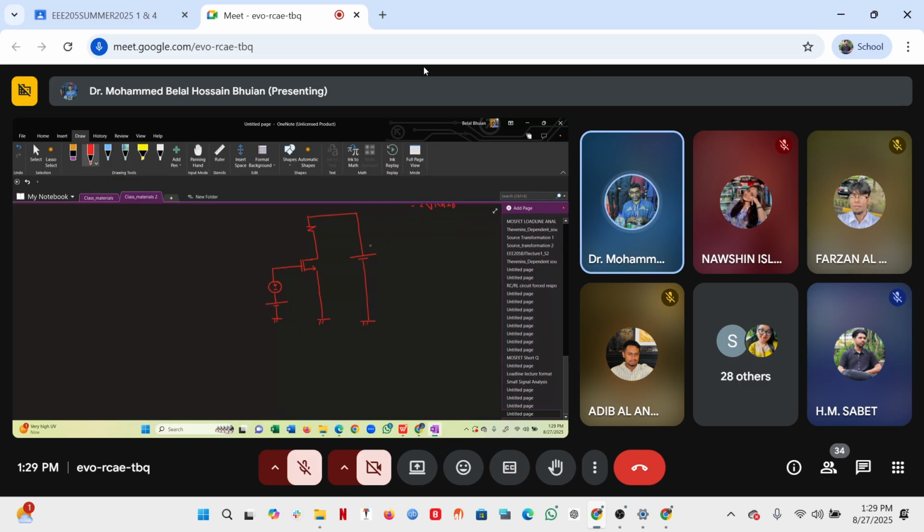So that is our vGS, RD, and vo. If you want to analyze the amplifier only for small signal, what should I do? Get rid of the DC voltage sources. We have two DC voltage sources here.